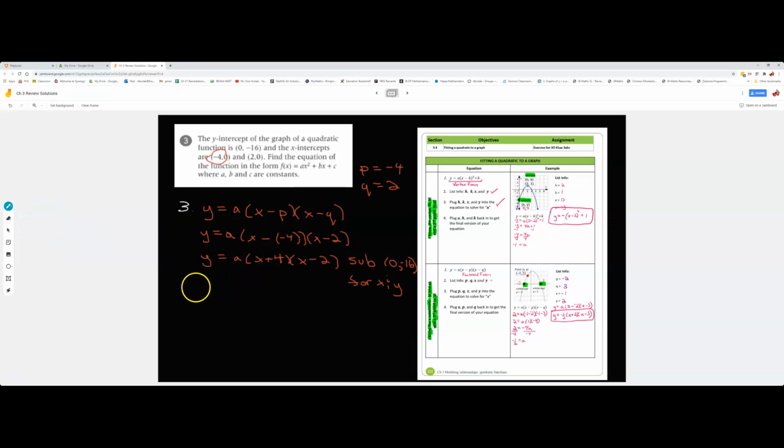So that's going to give me -16 equals A. And now for x, I'm going to substitute in 0. And now I'm going to solve that equation for the variable A.